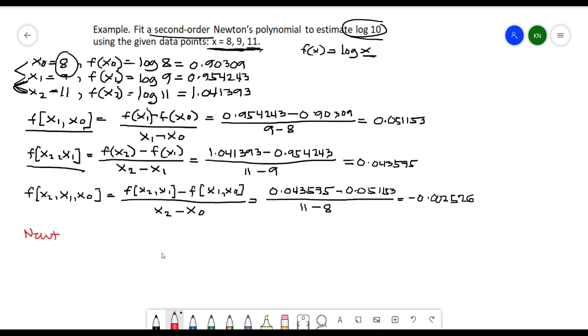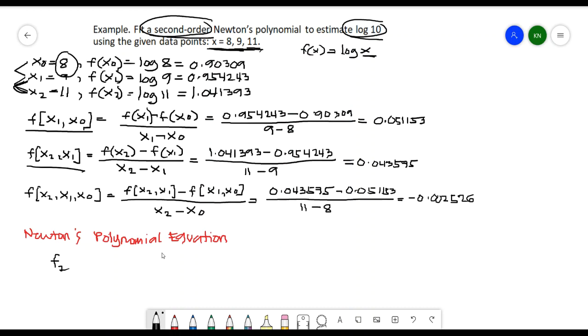Newton's polynomial equation. Since we are looking for the second order, we'll just stop with the second order.